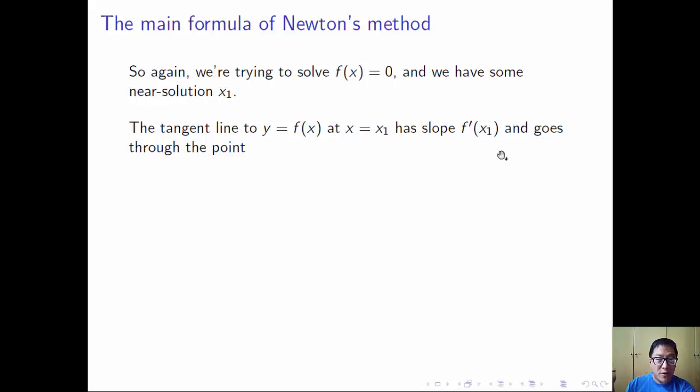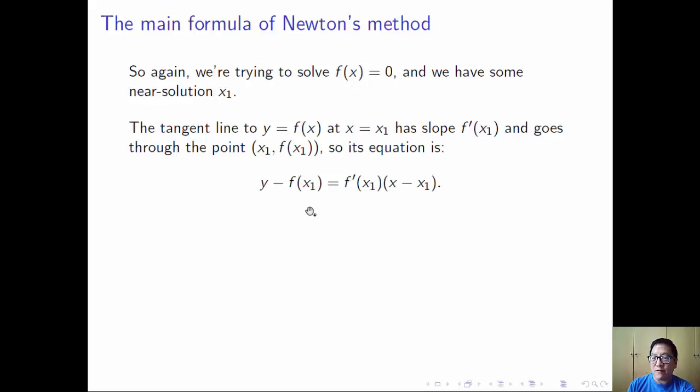It's the point on the curve with x value x1, so that's x1 comma f of x1. So its equation, from the point slope formula, is y minus f of x1 equals f prime of x1 times quantity x minus x1. Remember, the point slope formula means you plug in the point over here, and the slope of your line goes over there. So that's the equation of the tangent line at x equals x1.